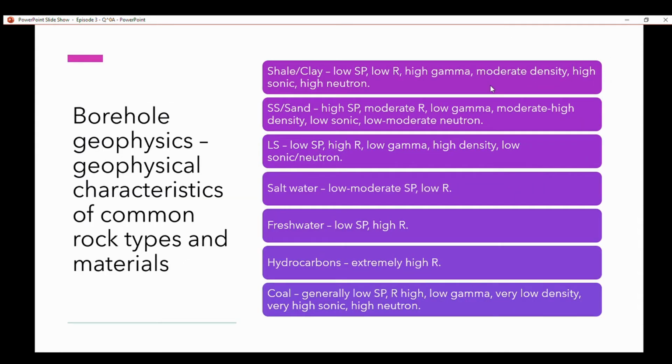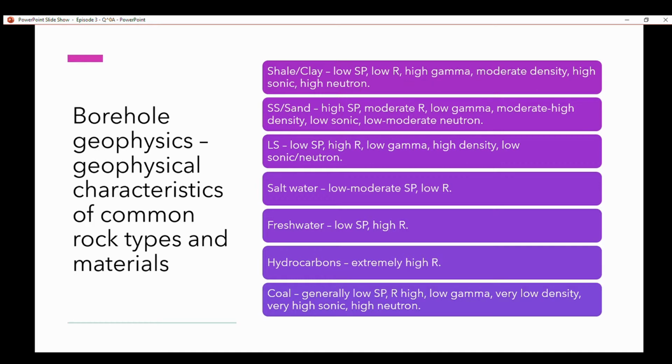Sandstone and sand have high spontaneous potential, moderate resistivity, low gamma, moderate to high density, low sonic, low to moderate neutron. Limestone has low spontaneous potential, high resistivity, low gamma, high density, low sonic and neutron.